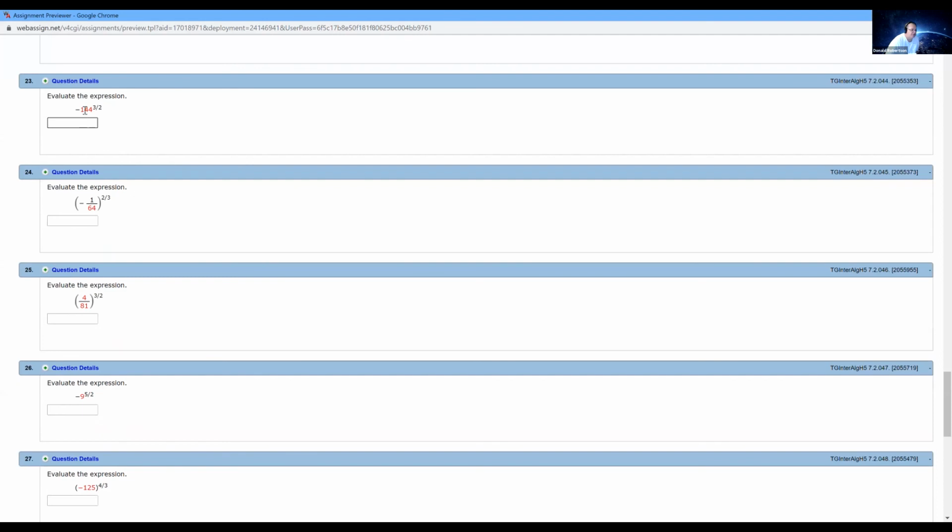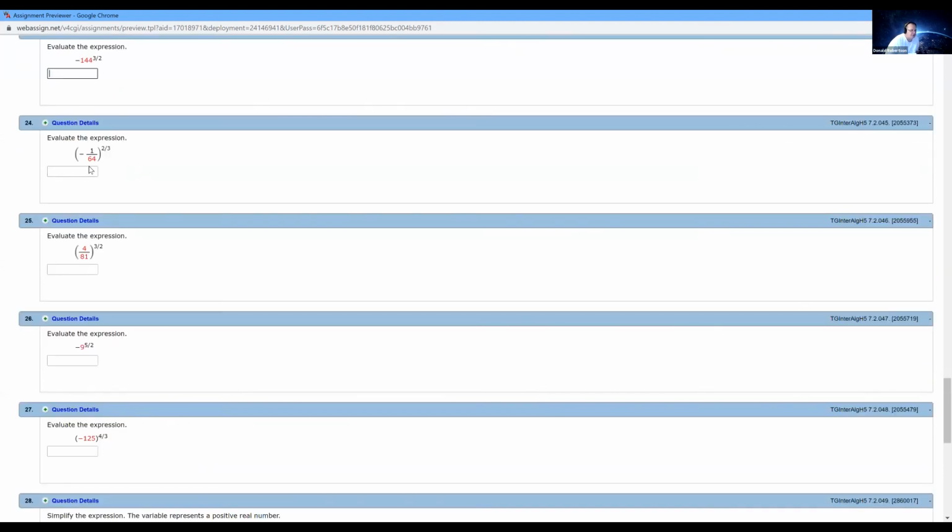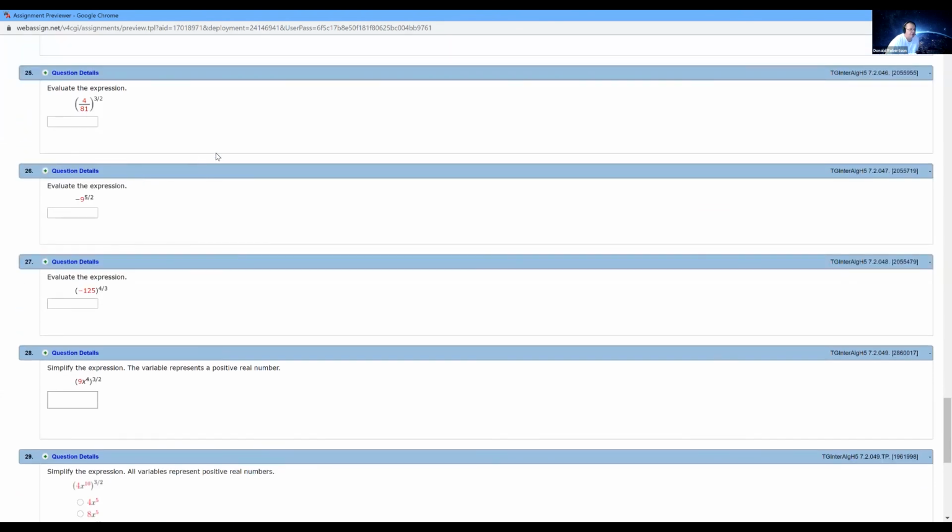This guy here, if you write it out in full, it's going to be the square root of 144, then you cube it, which is some ridiculously big number, so use your calculator. Oh, I think I should do a fraction. So I'm going to zoom out in a minute, and we're going to do 4/81, raised to the power of 3/2.